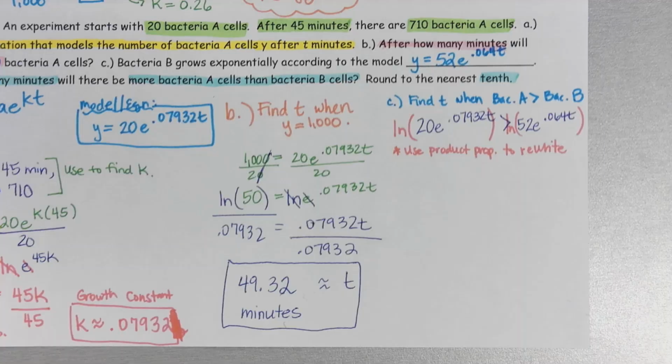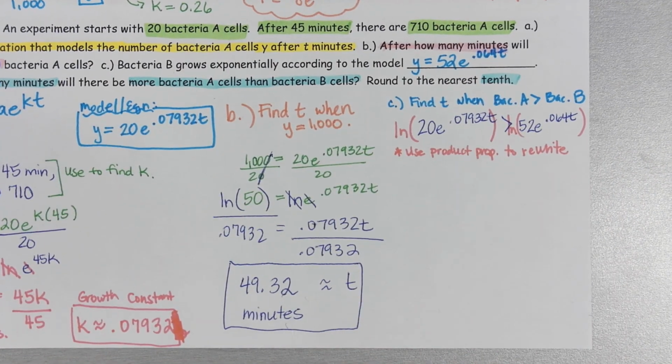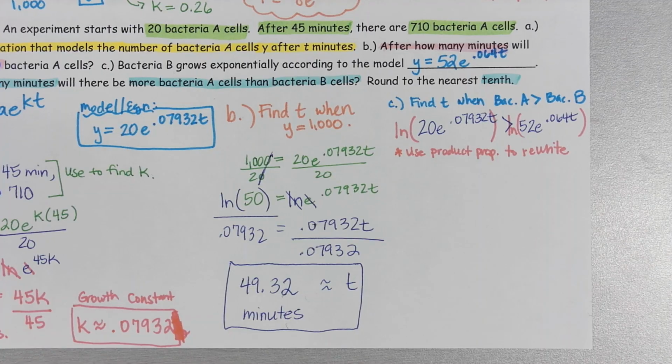Okay, so you might remember from last week, we were introduced to those properties, right? The product, the quotient, the power. So the product property says if you have two things multiplied together, that you can rewrite it with what? Addition. Yeah, you can do that too. That would be the power.